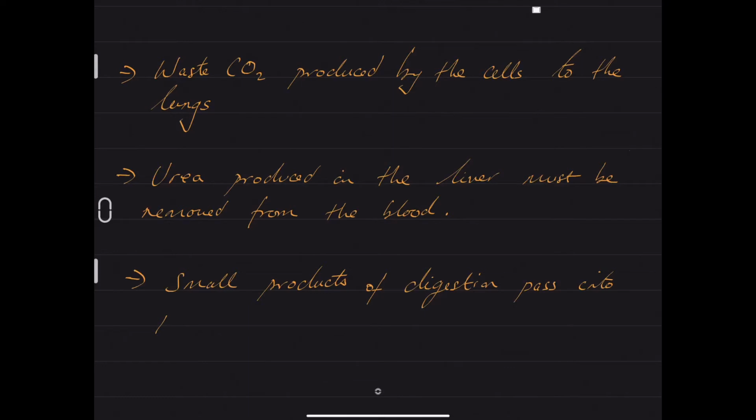So all these nutrients are passing into the blood and are carried in the blood plasma. So small products of digestion pass into the plasma from the small intestine.